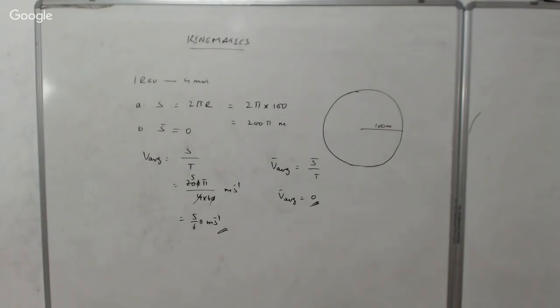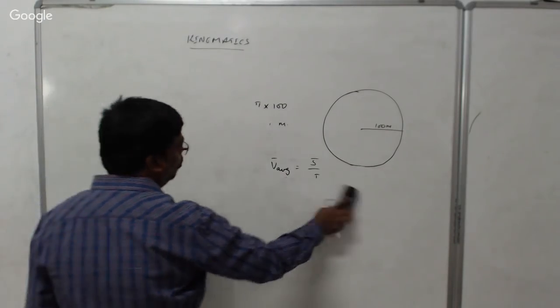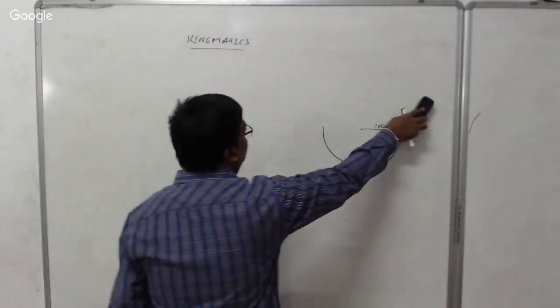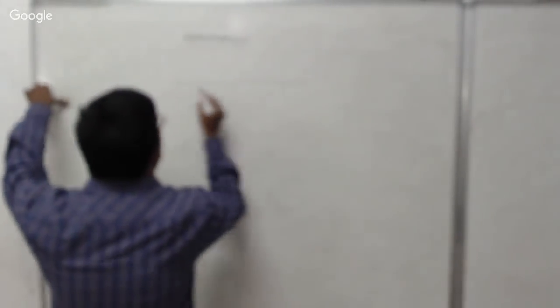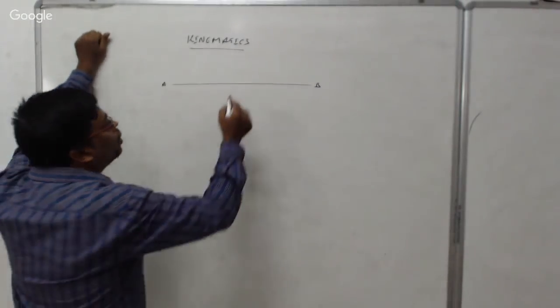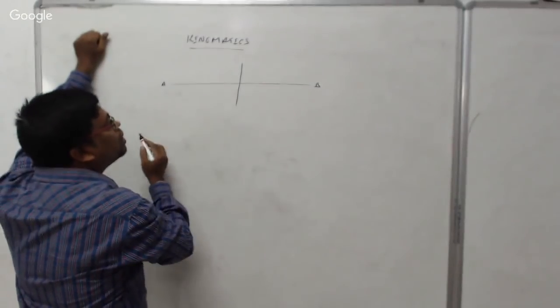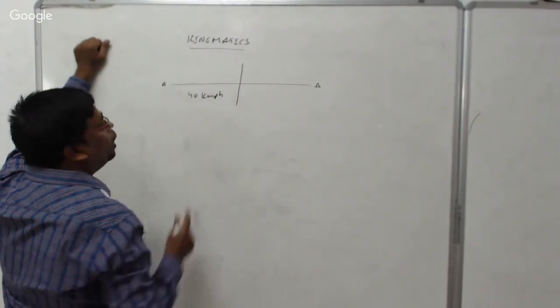Okay, the question is very clear. First of all, take the diagram directly. What is given in the problem? A and B are the two places. The first half between two places is 40 kilometer per hour.